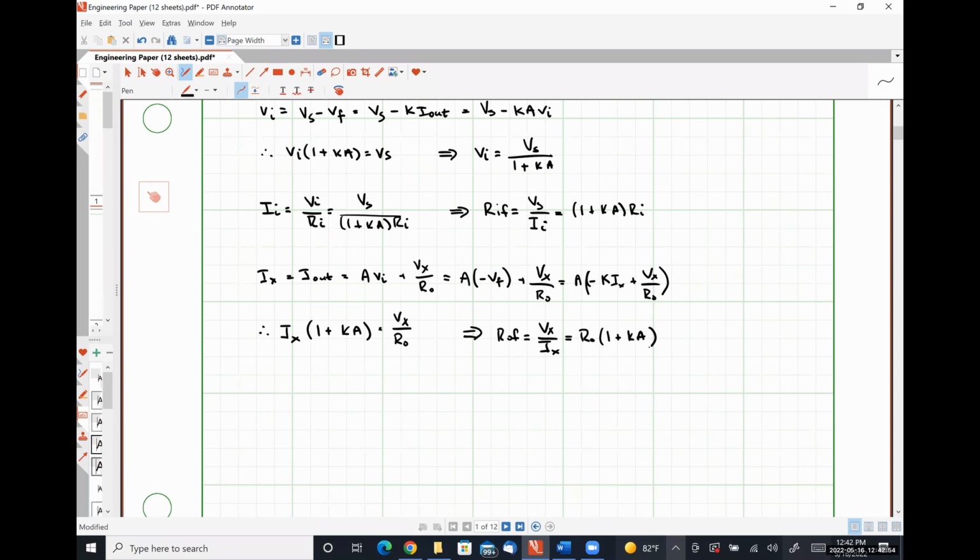So the series connection boosts on the output side as well. So for this type of amplifier, we're going to see that our input resistance gets scaled up by a factor of 1 plus Ka, and our output resistance gets scaled up by that same factor of 1 plus Ka. All right, so this is how the ideal case behaves.